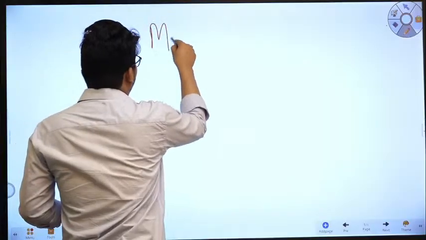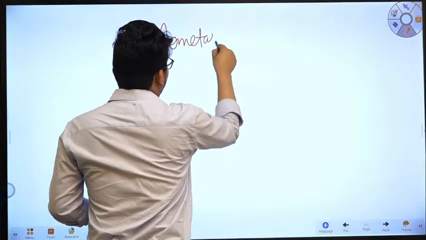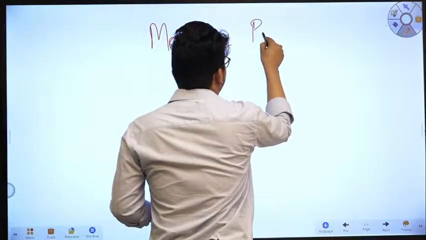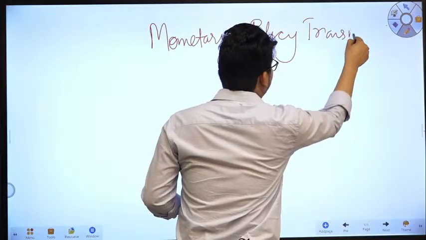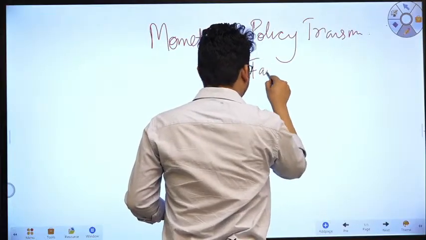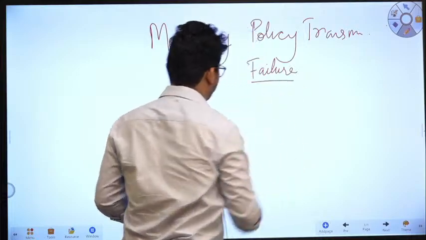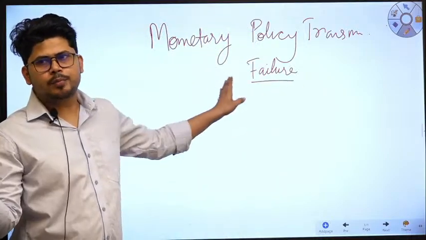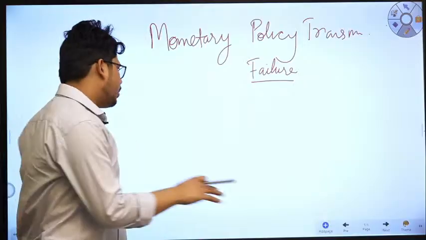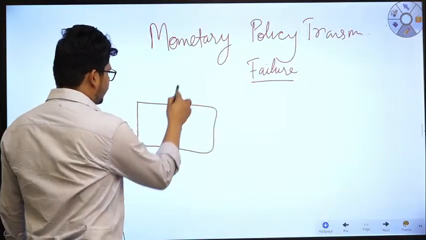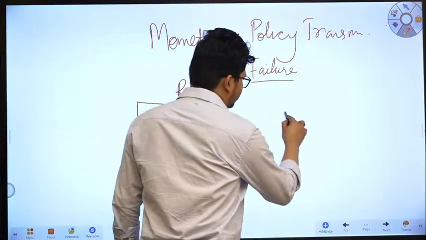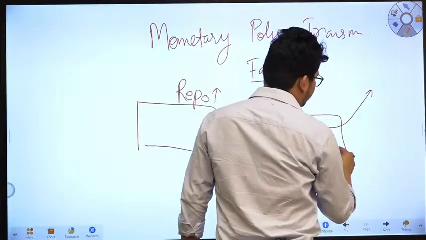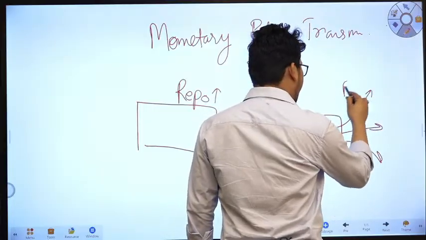Monetary policy transmission failure. We are going to discuss this in a bit of detail. Okay, so monetary policy transmission failure simply means that RBI is increasing its rates, the repo rates, but is it affecting the rates of inflation or the rate of interest that banks are charging?